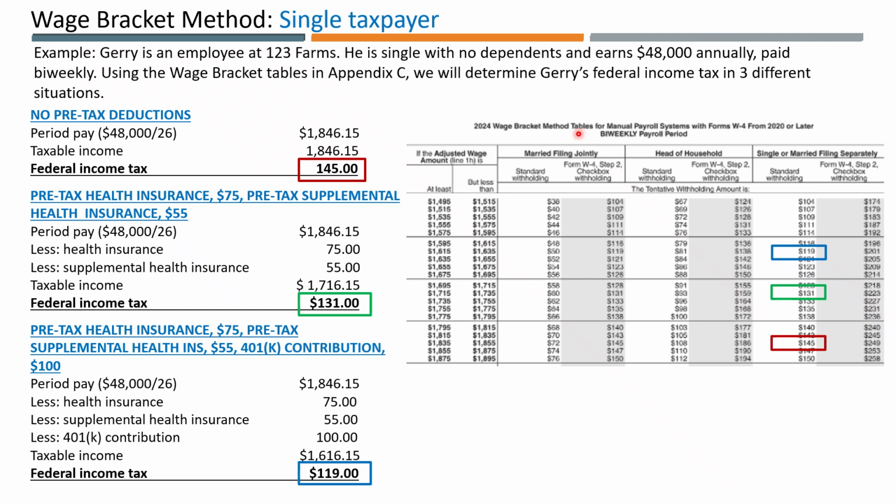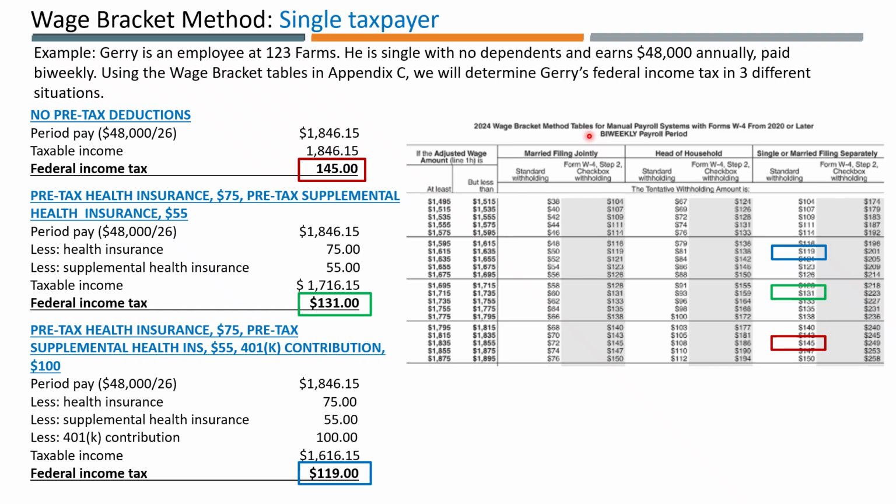When looking at the tax table, it's important to ensure that you have the right table. We're looking for the table that shows 2024 wage bracket method tables from manual payroll systems for Forms W-4 from 2020 or later. We also need to find the table that shows biweekly payroll.